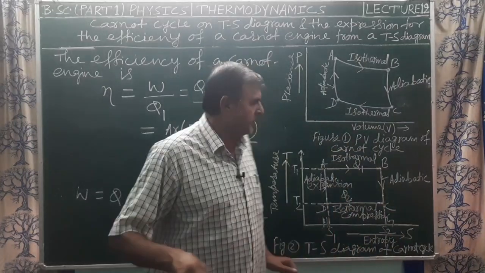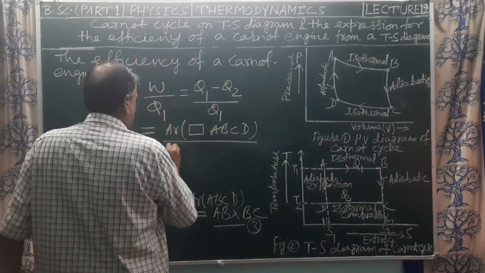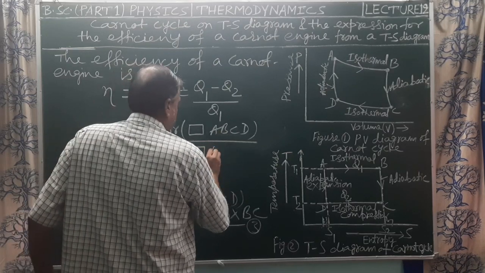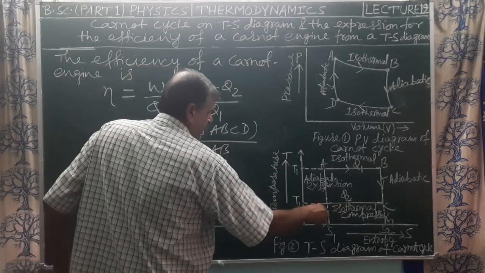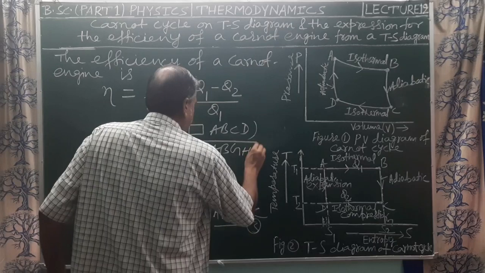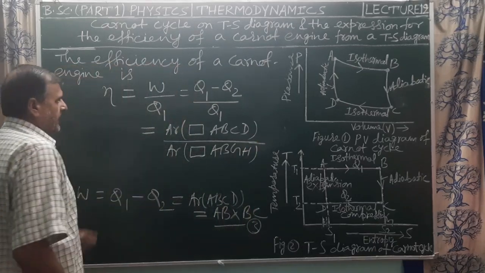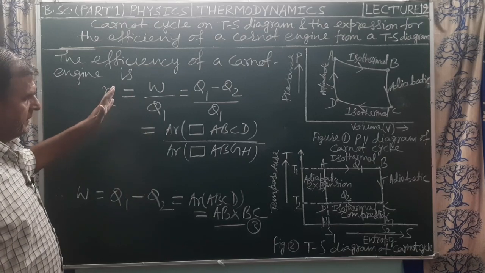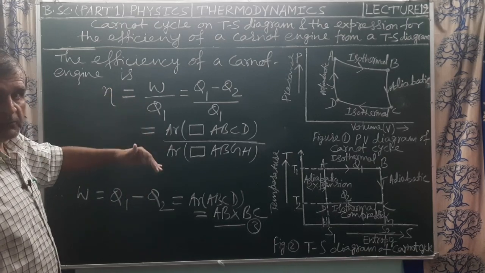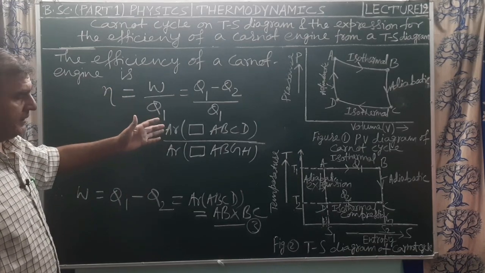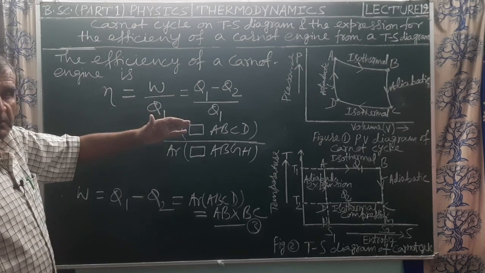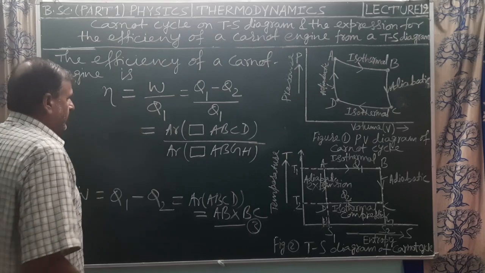So in the denominator we can write, in place of Q1, the area of the rectangle ABGH. We have already calculated Q1 and Q2 using the relation that the change in entropy ds is equal to dq upon T, that is, dq is equal to T multiplied by ds.